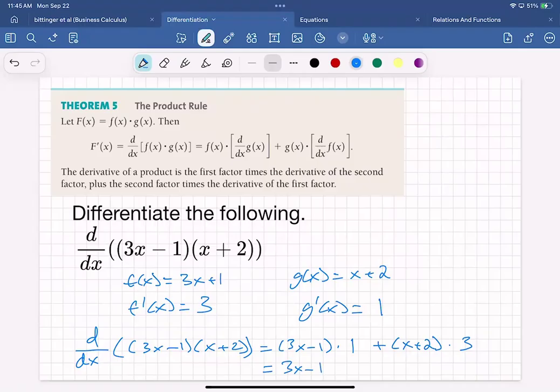Be careful with the second one though, with your distribution to get to 3x plus 6. I'm keeping a plus sign in between though, because that's what the product rule gives us. So that when I go through to this next step, I get 6x plus 5 when I combine like terms. Is that what I should have gotten? Everyone see how that worked out nicely for us?